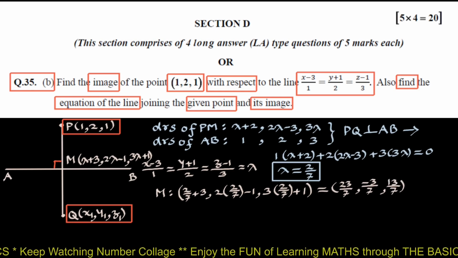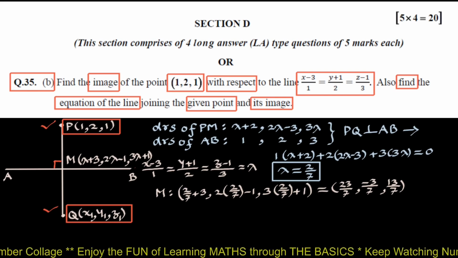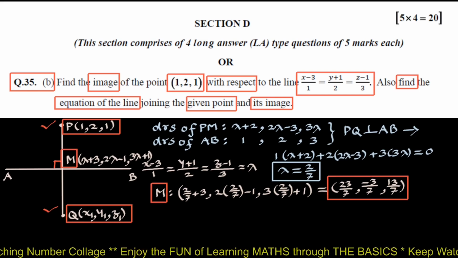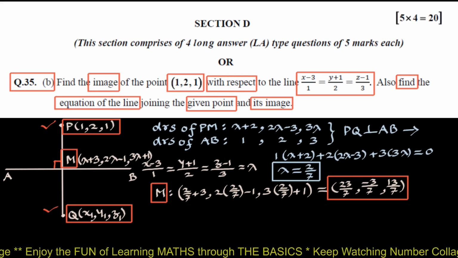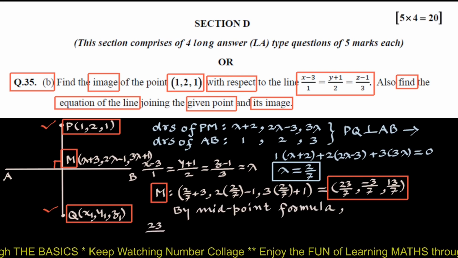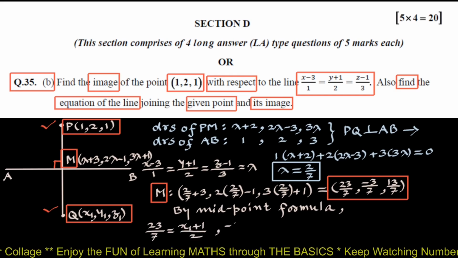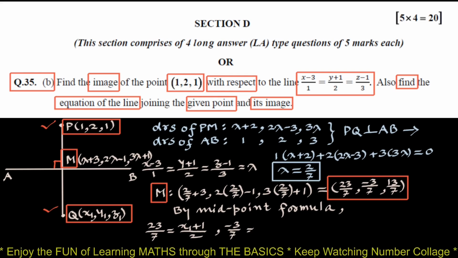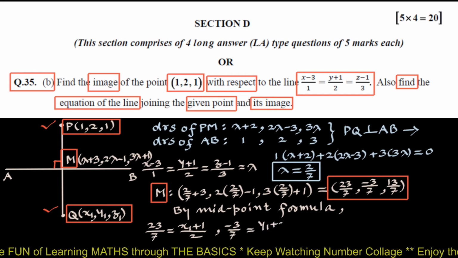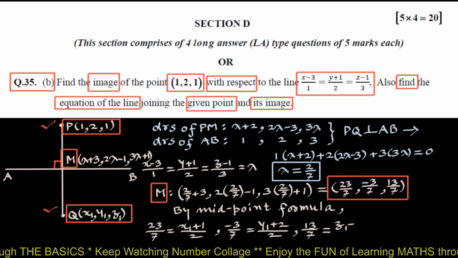Now since Q is the image of point P in line AB, point M is the midpoint of segment PQ. So by midpoint formula, 23 upon 7 equals x1 plus 1 upon 2, minus 3 upon 7 equals y1 plus 2 upon 2, and 13 upon 7 is z1 plus 1 upon 2.